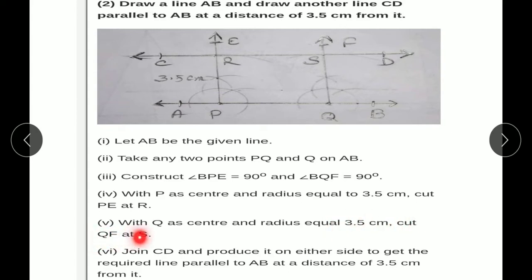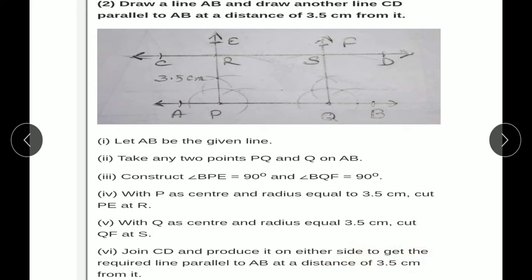Cut QF at S and cut PE at R, and after that join RS and produce it on either side to get the required line parallel to AB at a distance of 3.5 centimeter.